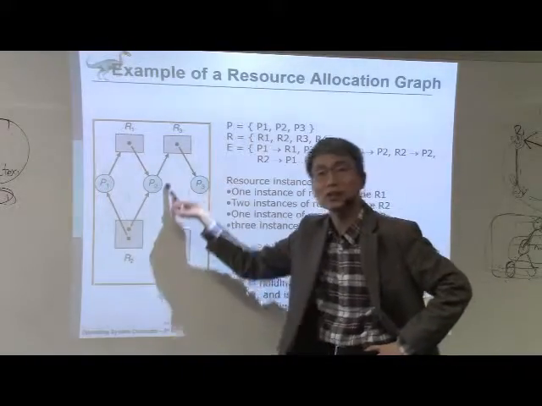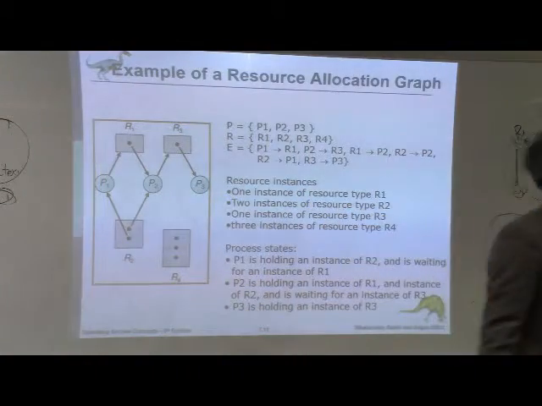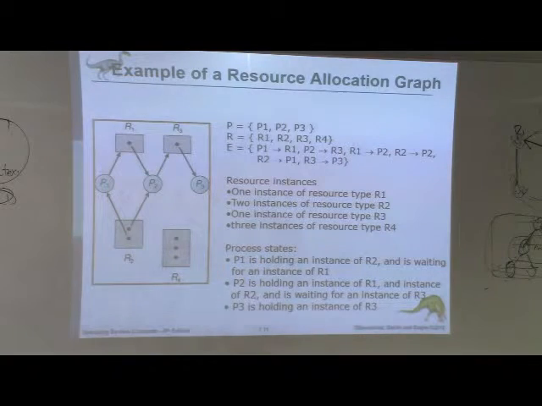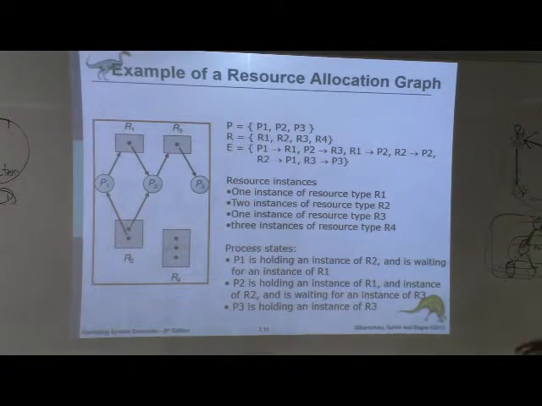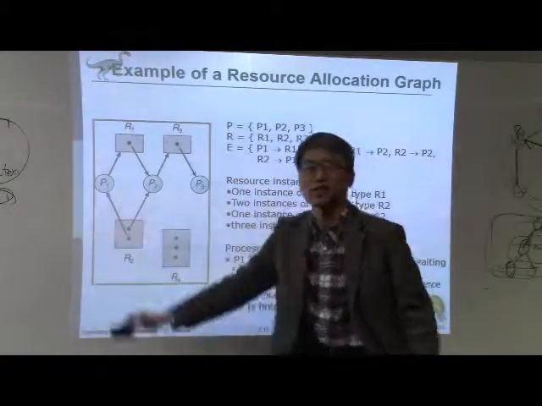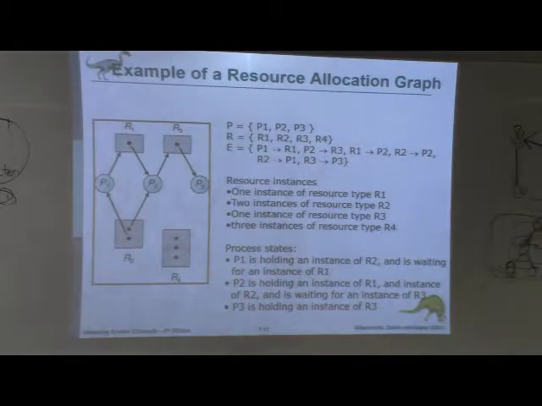Because of this, it is not a deadlock situation. So using such a resource graph, we can easily understand what's going on and whether this is a deadlock or not. If you can understand this one, don't worry about the description.